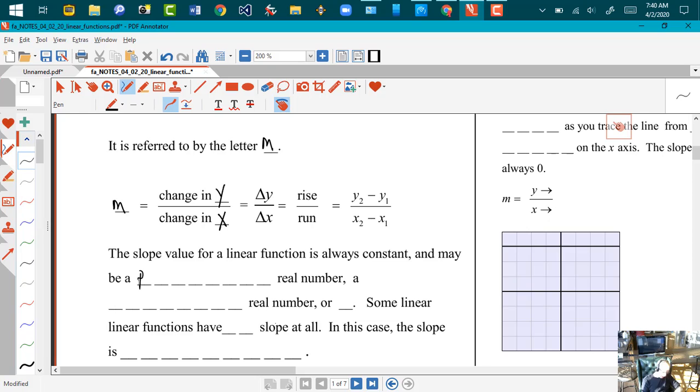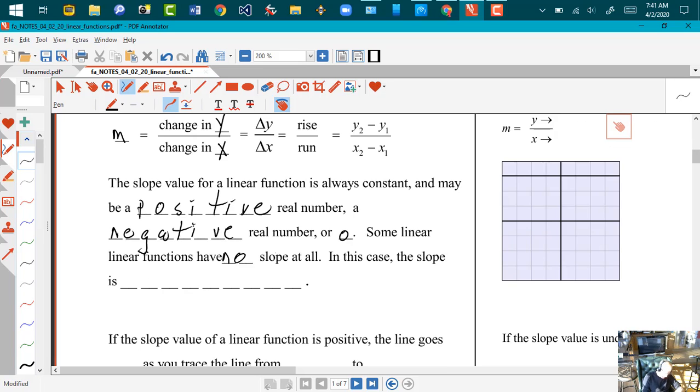And that line, or the slope, may be positive, negative, a real number, or zero, or even no slope. In that case, instead of infinite, you'll often hear that the slope is undefined.